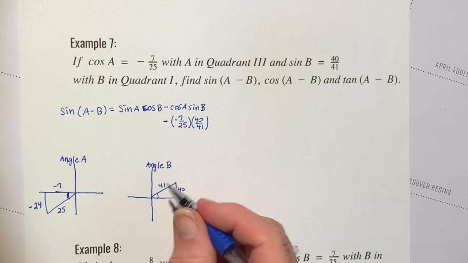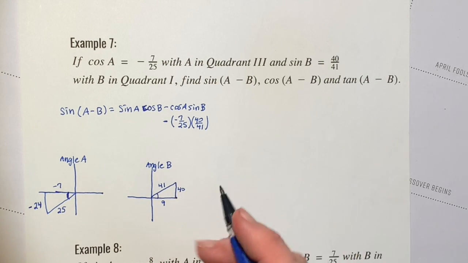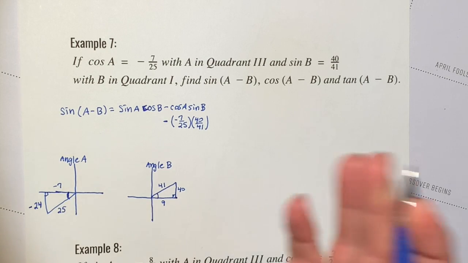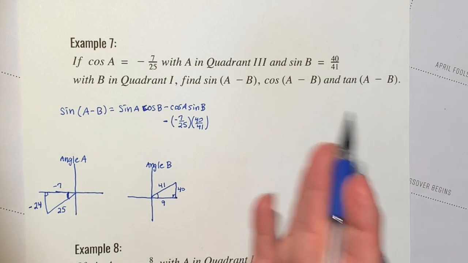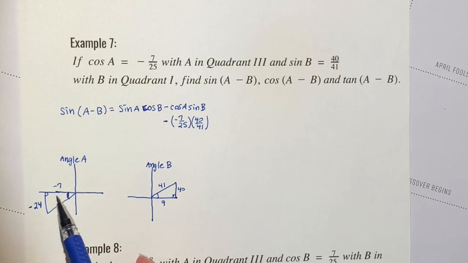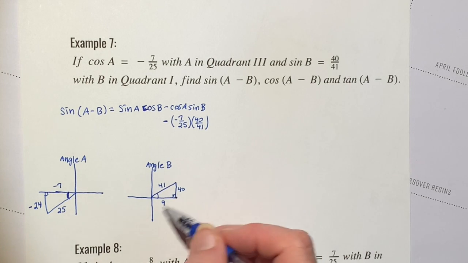Again, if you know 9, 40, 41, if you don't, do a squared plus b squared equals c squared. But that's just something that can save you time. Those are just ones that come up. They're fairly common Pythagorean triples. This one may be a little more common than that one, but at any rate, if you don't know, you just do a squared plus b squared equals c squared.